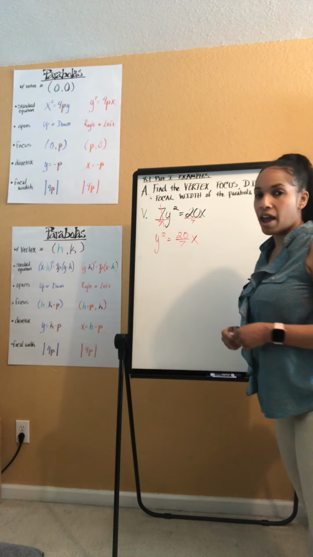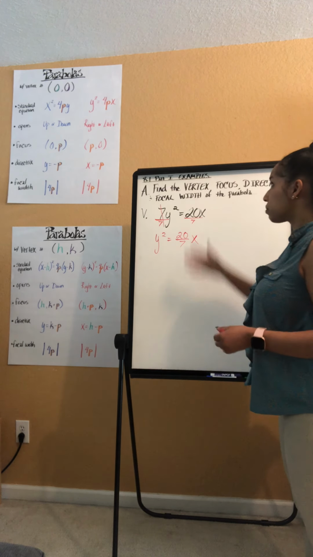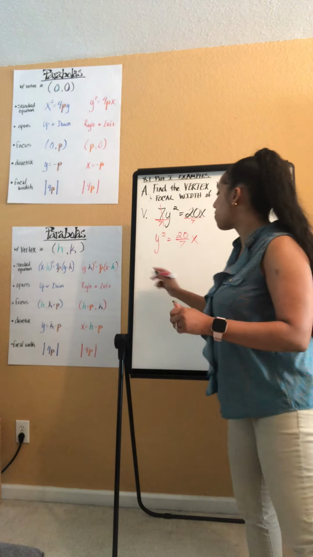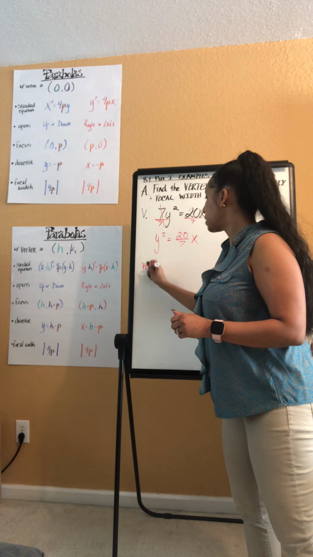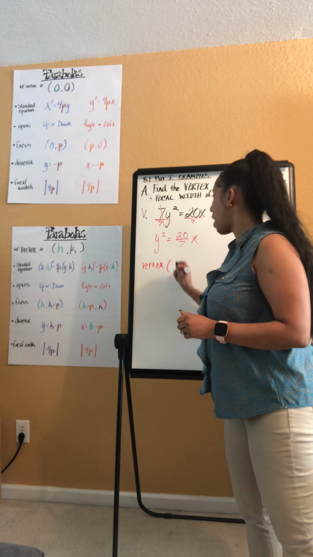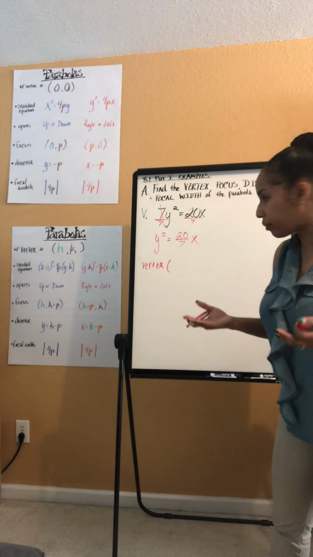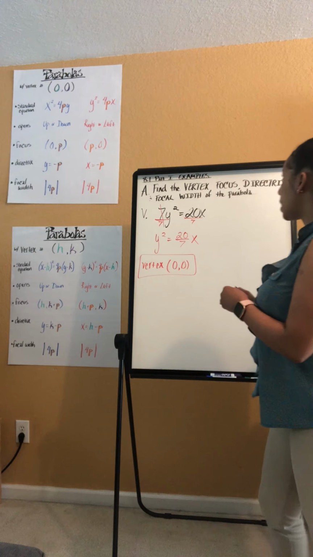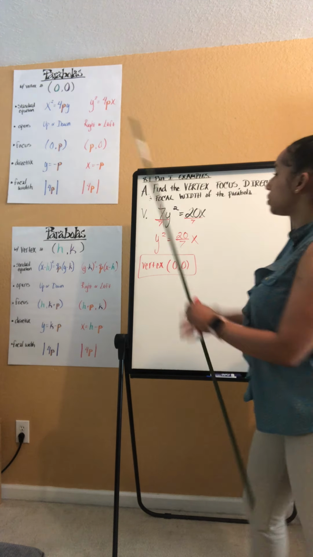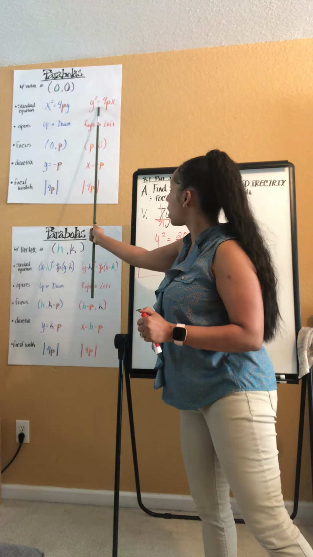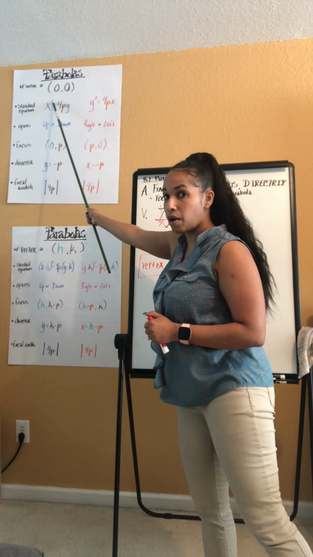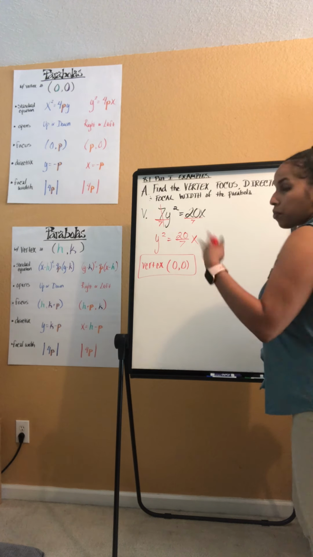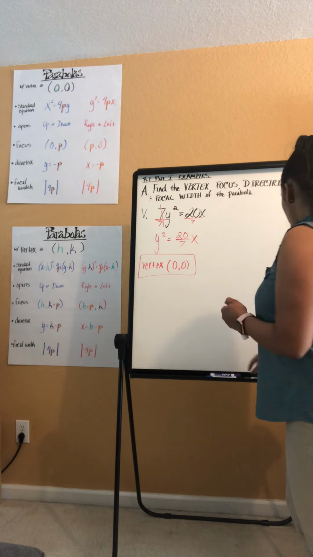All right, well, I'm on my red side, top red side, which means that my vertex, when I'm on that top sheet, my vertex when I don't have anything subtracted or added within parentheses is 0, 0. The vertex for the top sheet, whether it was plain x squared or plain y squared, the vertex will be 0, 0.